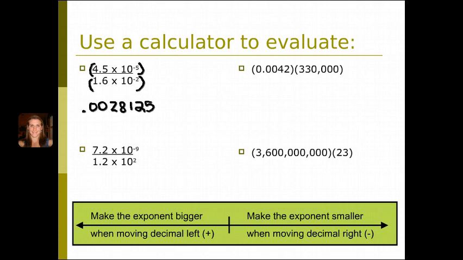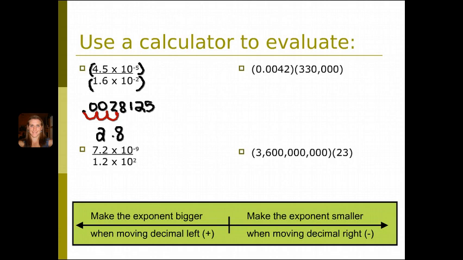We see that this is not in scientific notation. We need to move the decimal place to make this a number between 1 and 9.9. I see I need to move it 1, 2, 3 places. I would rewrite my answer as 2.8.